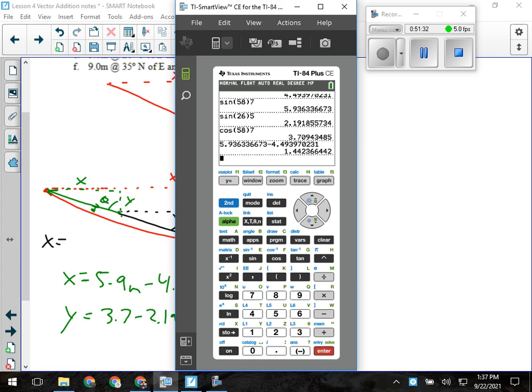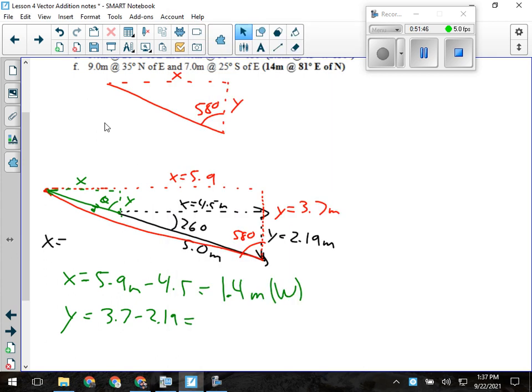And then I have to do the 3.7 minus 2.19. So we're looking at 1.51 there, and that is north. So now I've got my resultant's triangle.